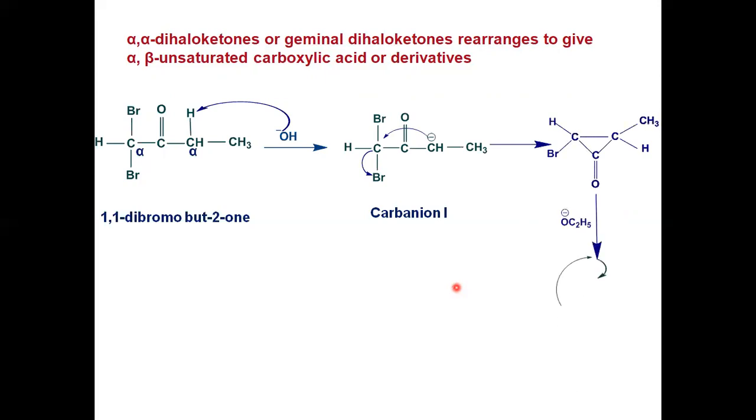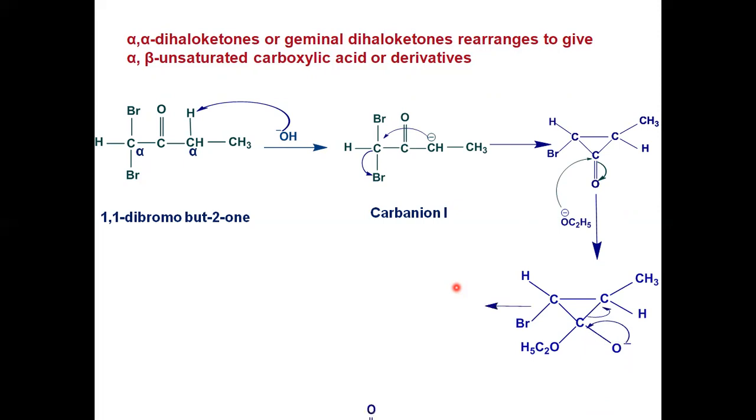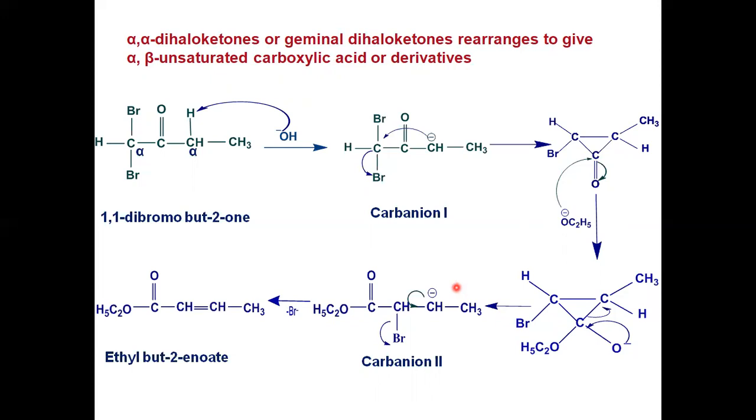By the attack of a nucleophile, the cyclopropanone ring is converted into an oxyanion on the cyclopropane ring. By electronic rearrangement, it forms carbanion 2. Now the last step is different from the normal Favorskii rearrangement. In the last step, the negative charge of the carbanion is involved in the formation of a double bond, bromide is eliminated, and it forms an unsaturated carboxylic acid or derivative.